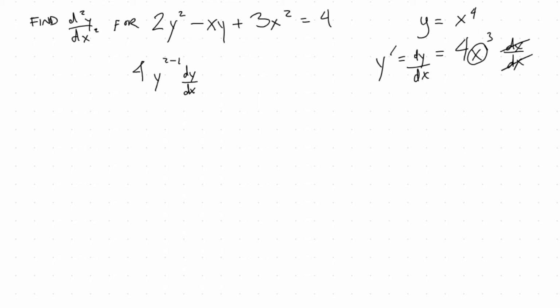So for the product rule, I'm going to use f and g. I'm going to define f as being negative x, and g as being y. So the derivative of f is going to be negative 1. The derivative of g, as we just talked about, is going to be dy/dx.